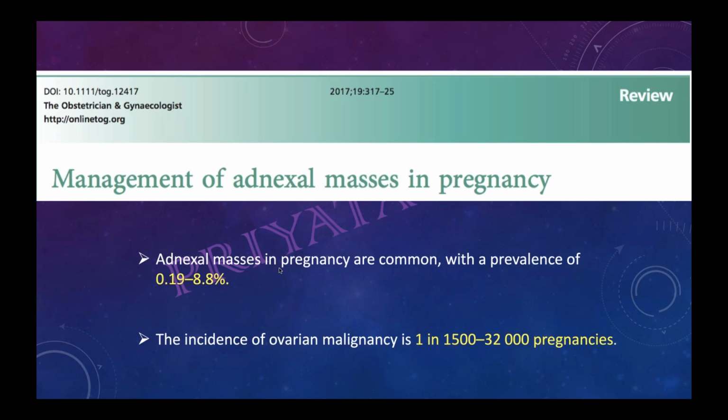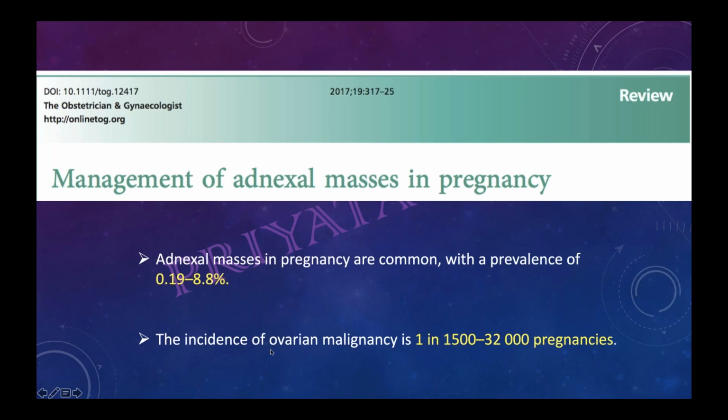Okay, no question. This next talk is also very important, very good. Basically, it helps in clinical practice also, apart from this exam. So, adnexal masses in pregnancy. What is the incidence? Maybe you will get some question. You should know it is 0.19 to 88%.